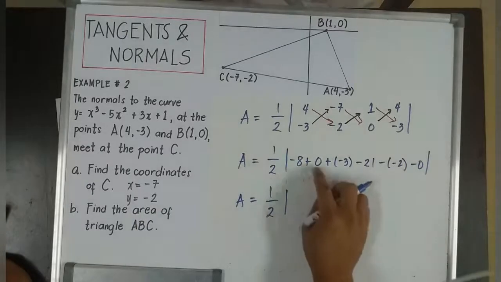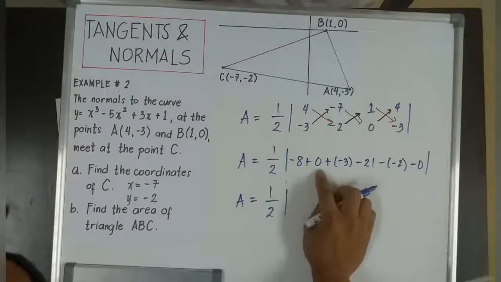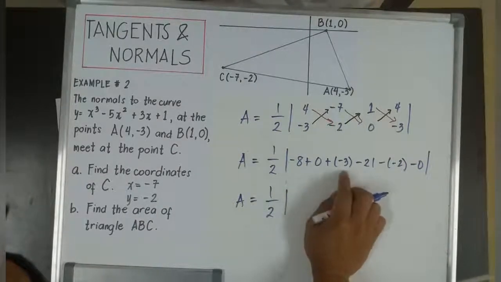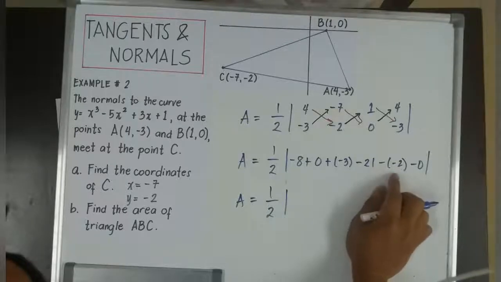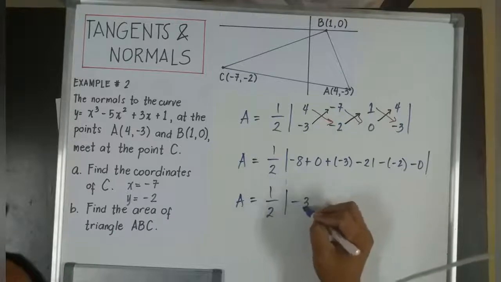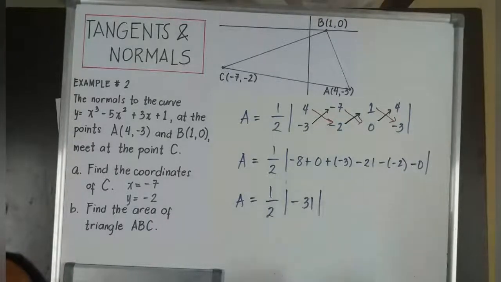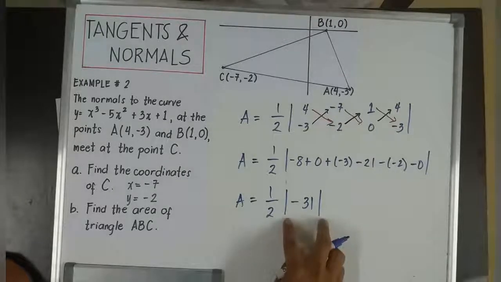Next. So 1/2 modulus negative 8 plus 0 is basically negative 8. Minus 3 is negative 11. Minus 21 is negative 33. Plus 2 is negative 31. So negative 31. Since it's negative 31 and it's a modulus, remember modulus is saying everything will be positive.